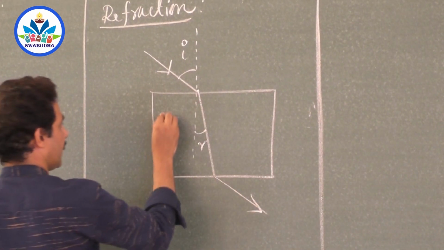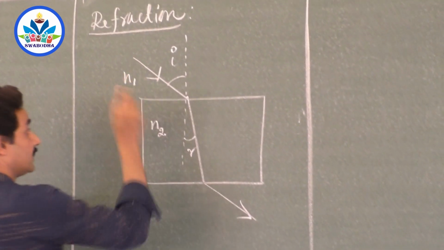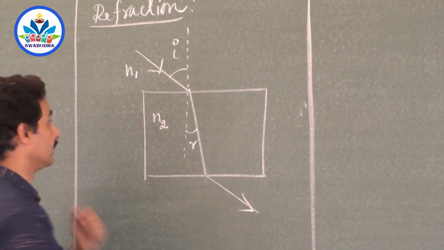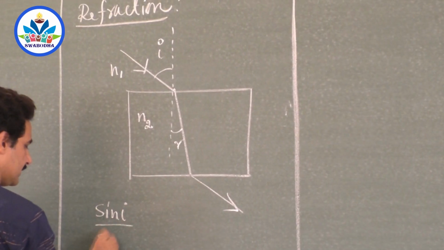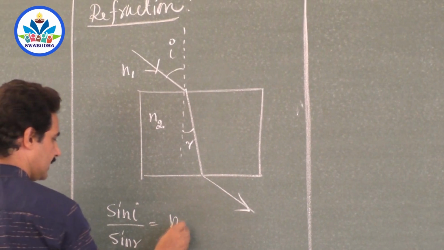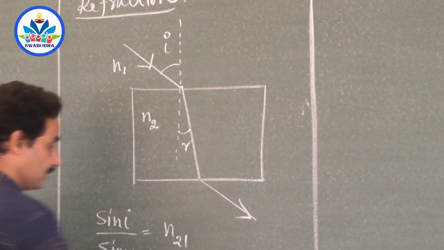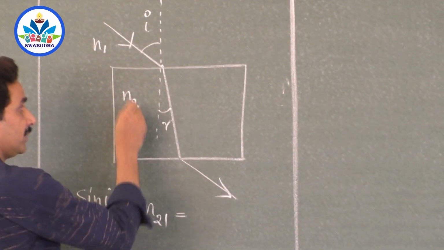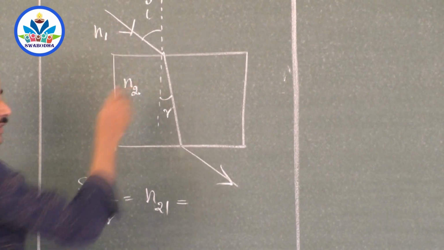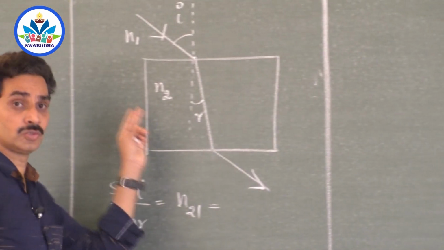Sin I by sin R is always defined as the refractive index of the second medium with respect to the first, which can also be defined as the ratio of the refractive index of the second medium with respect to the first.